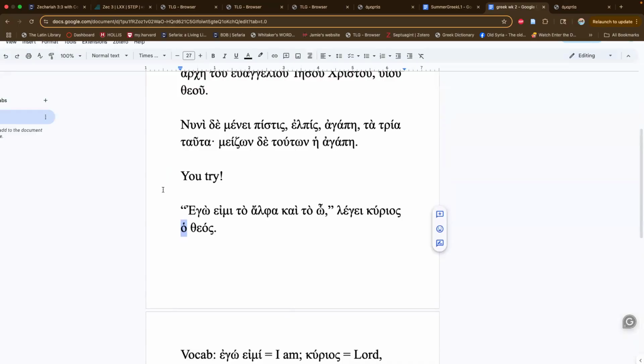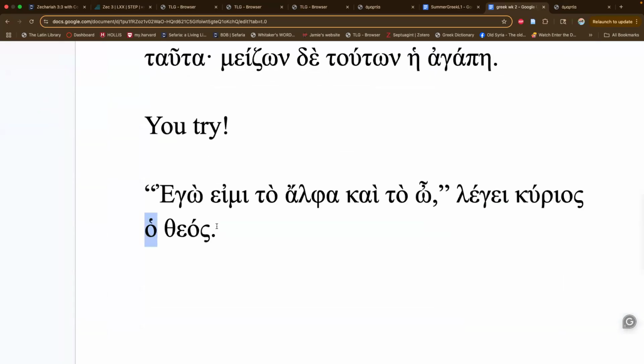Now, something to note is that we sort of do the opposite in English, where if we were to say the God or a God, it sounds like we're talking about not God, God. In Greek, to say God when we mean the very God, we will see it with the article. So ha theos, we can translate without the article to get the sense of God. So we have ego eimi ta alpha kai ta omega lege kurios ha theos.